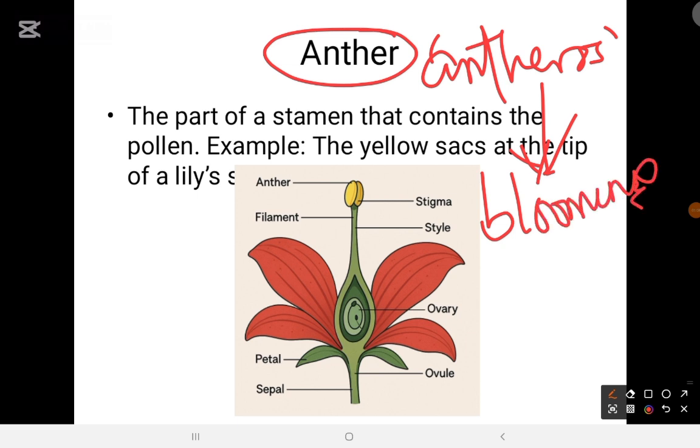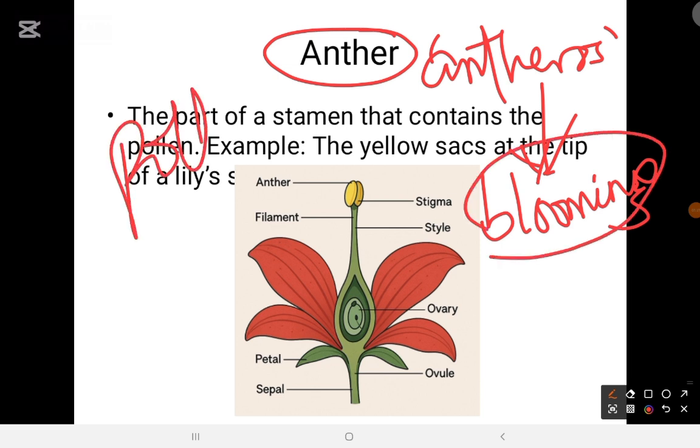So, the process of pollination is the transfer of pollen grains from the anther to the stigma. It means that the anther contains the pollen. The anther houses the pollen or pollen grains. So how does it now disperse it? It dehisces.